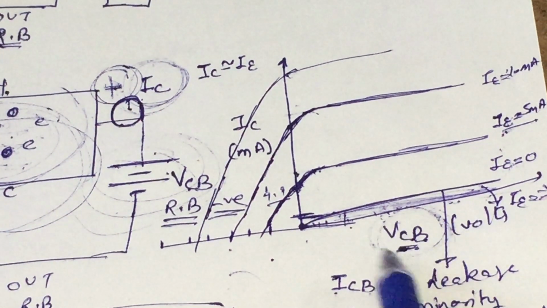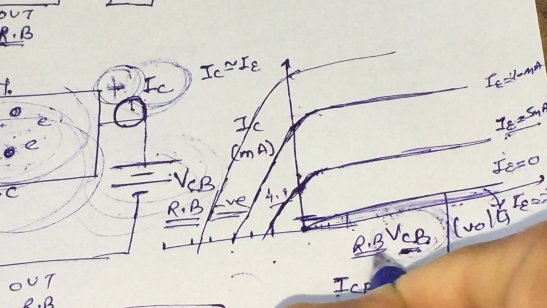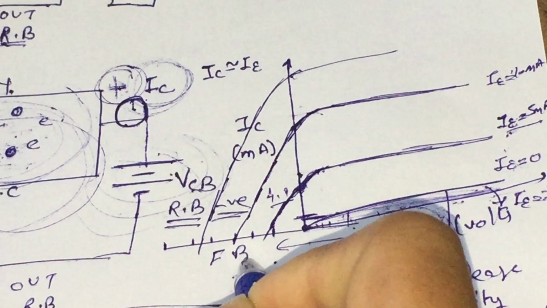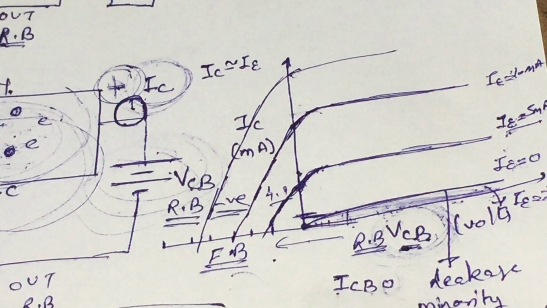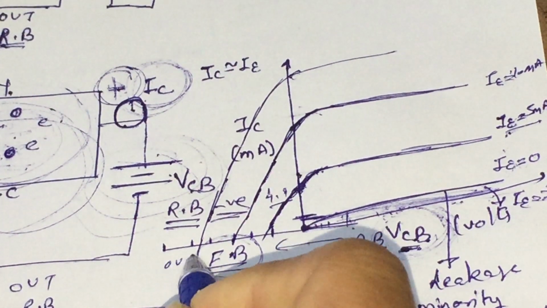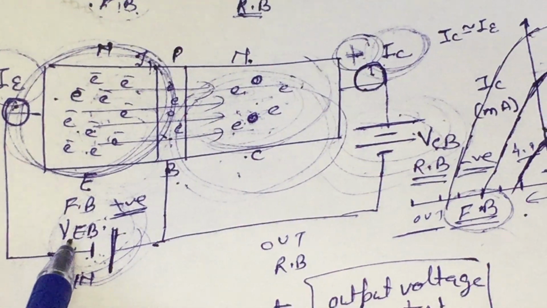If this potential represents reverse biasing, then this potential is showing forward biasing. It means this is the forward biasing of the output side, and the input side is already forward biased.